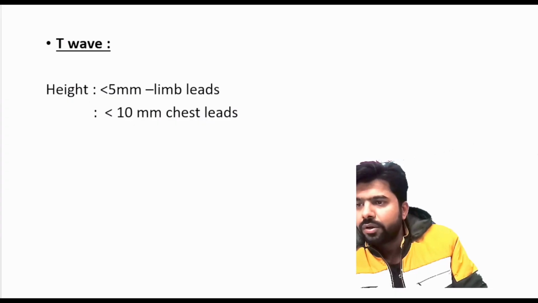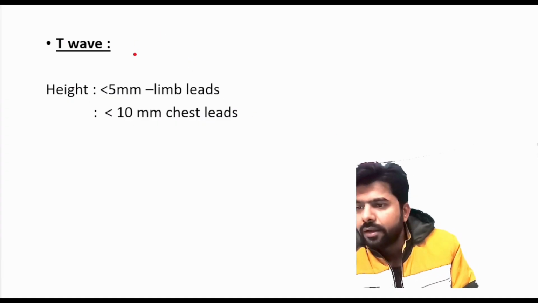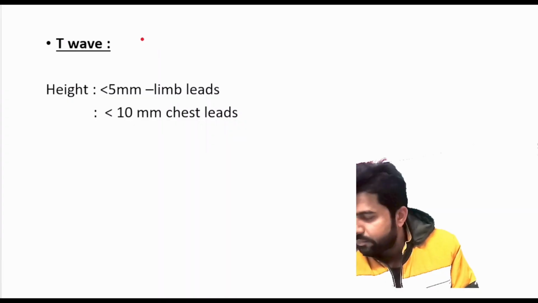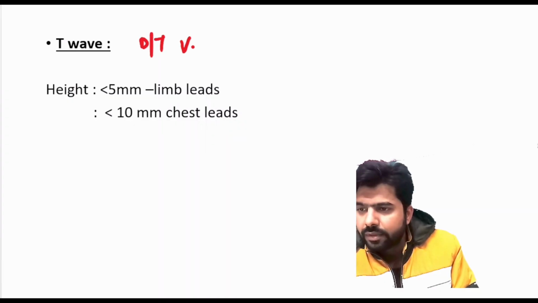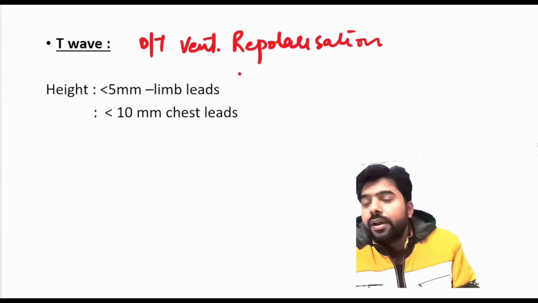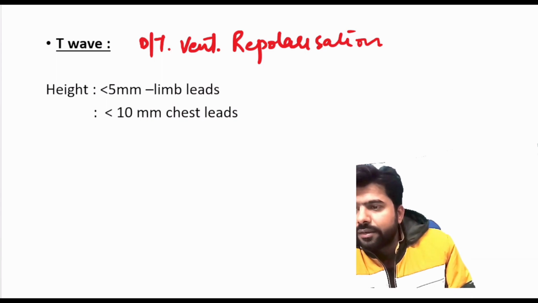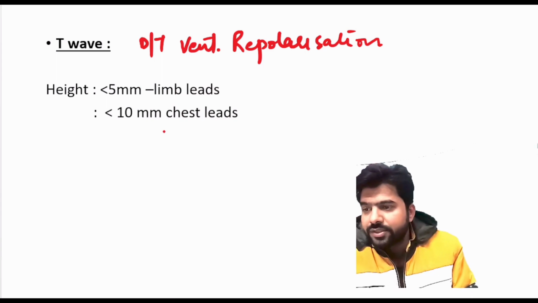Now coming on to tall T waves. T waves occur due to ventricular repolarization. Okay, the height of the T wave is less than 5 mm in limb leads and less than 10 mm in chest leads.